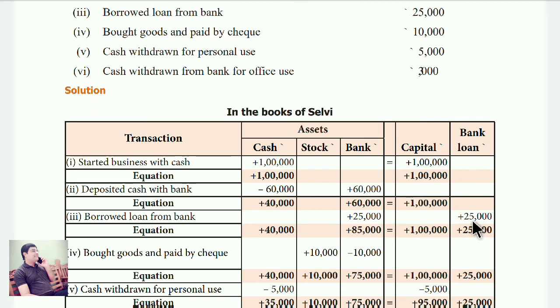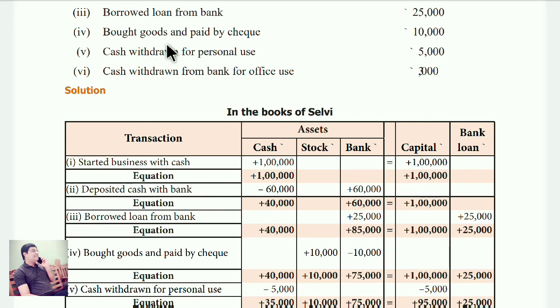So bank loan is a liability. So in the credit column, next page debit column you write the capital, and credit column you have to write bank loan. That place you write it plus 25,000. So 25,000 in bank loan and bank 25,000 plus. Understand?